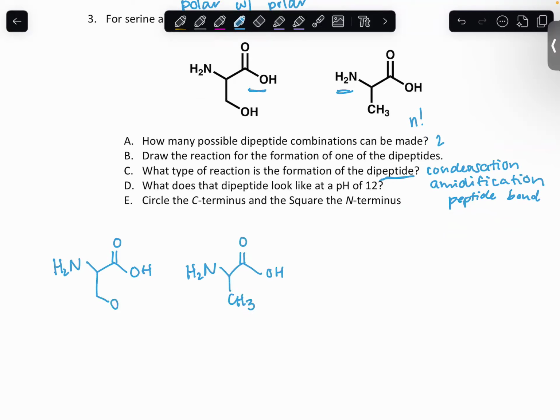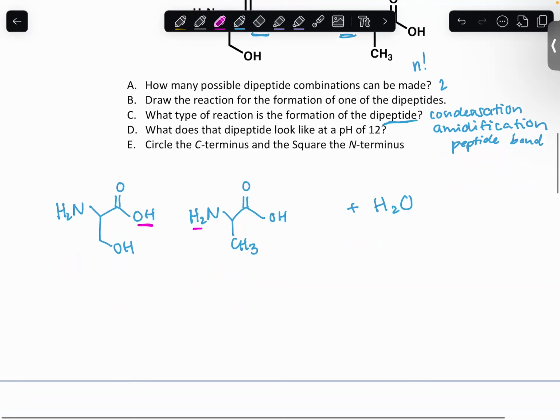So we have to figure out what from these 2 molecules we're going to take away to make that water. Anybody have any thoughts? We're going to take a hydroxyl group and one of our protons on the amine. So that is our dipeptide.